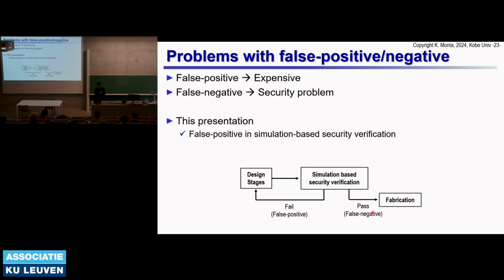And if a false negative happens, the designer believes that it's secure and it goes to the next stage, the fabrication stage, so it will cause a security problem. In this presentation, I will report that SPICE, which is reliable for circuit designers, can cause false positives in simulation-based security verification.